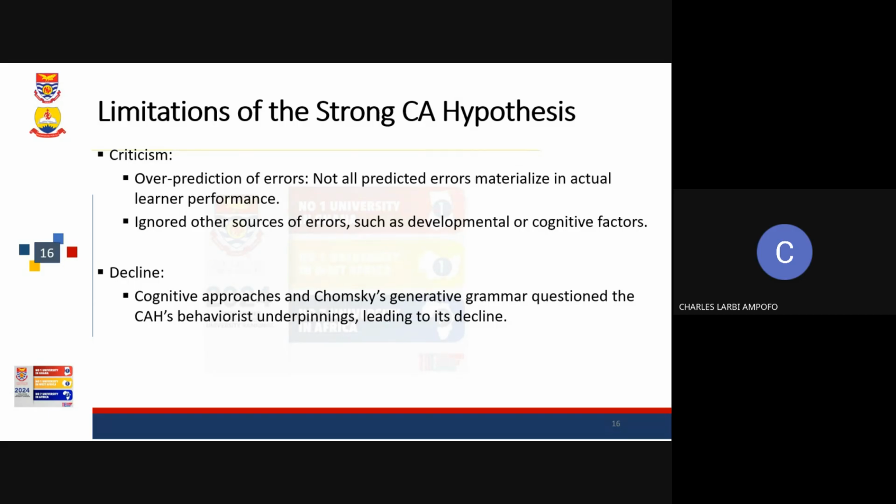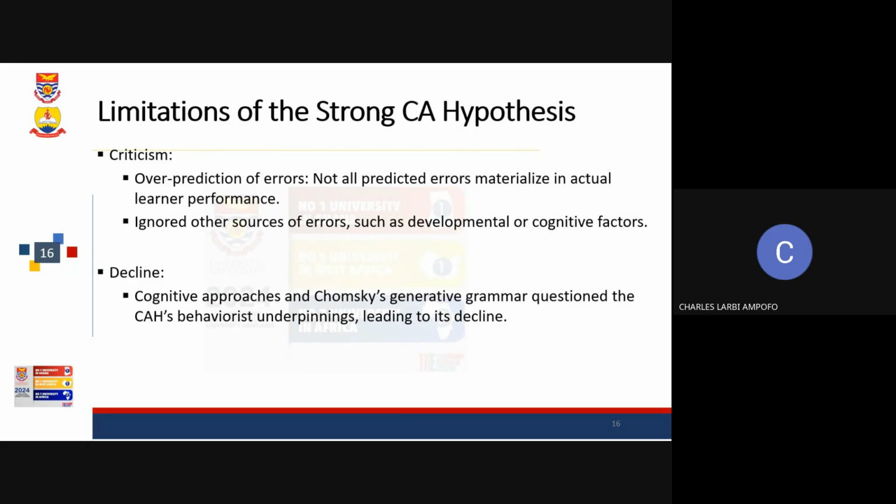In terms of development, as I explained earlier, the person might not have attained a certain maturation level to help him or her understand at that time what you are learning. And there may also be cognitive factors. Those of us who have done special education know some people are born with certain biological issues which impede their learning. So inside their mind, they may not really be cognitively stable to learn these things.